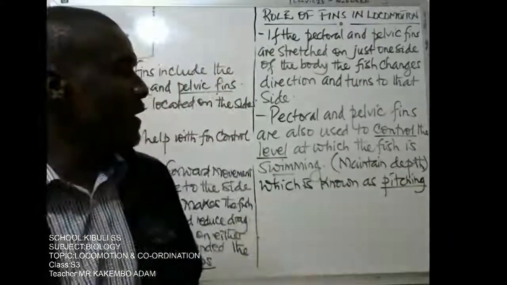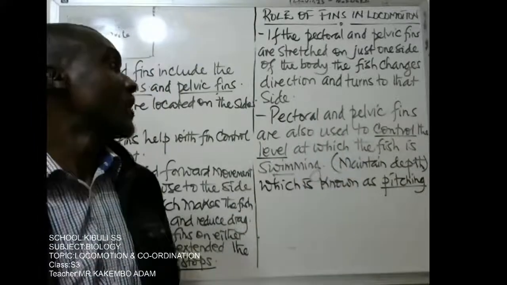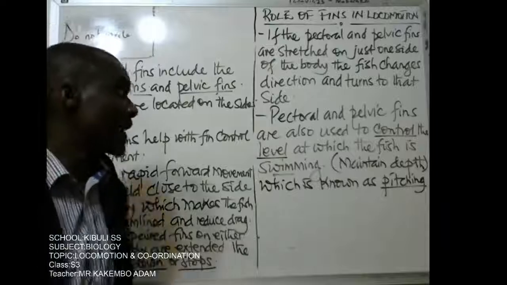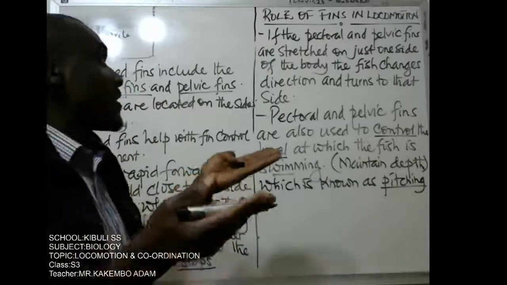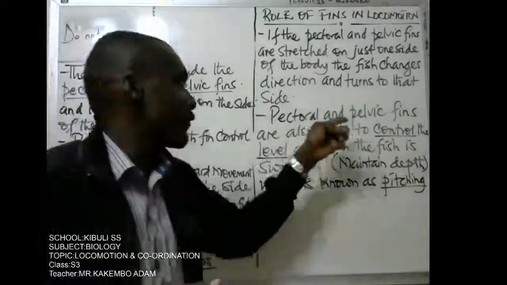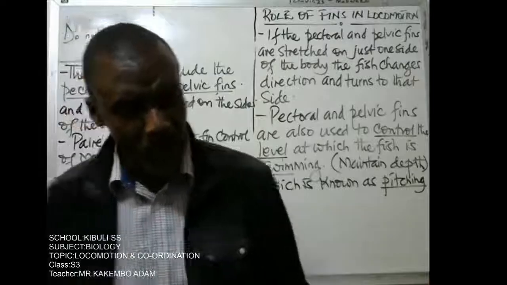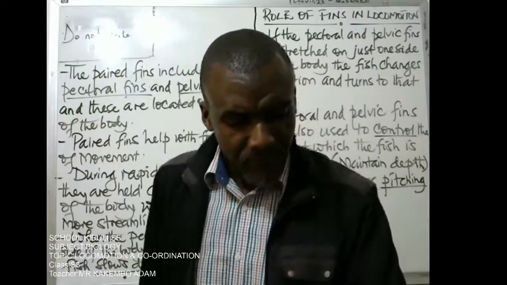It's one of the instability. If it loses depth, then it is these two fins that come into action to bring about maintenance of depth, right? If it loses height, no more depth in water, the pectoral fins then will open to bring about that control, to avoid that instability. Okay.